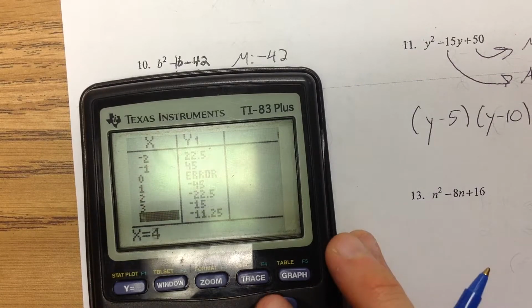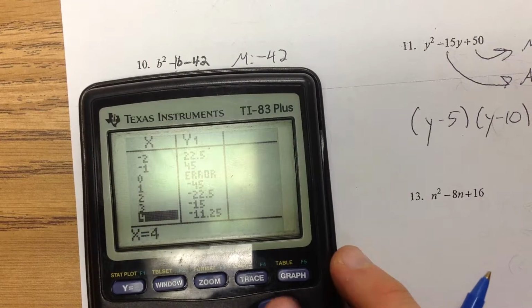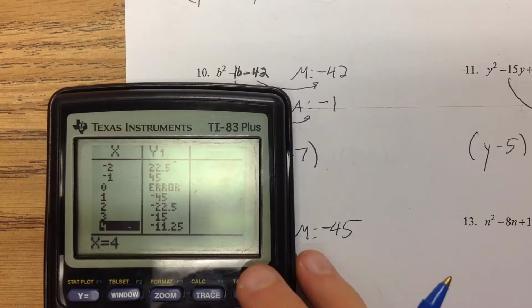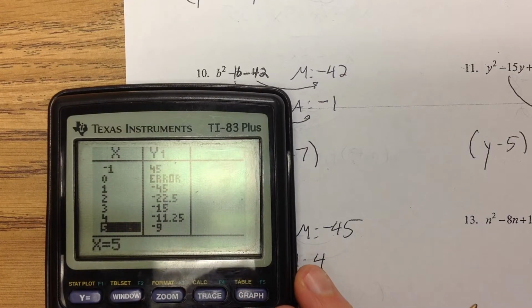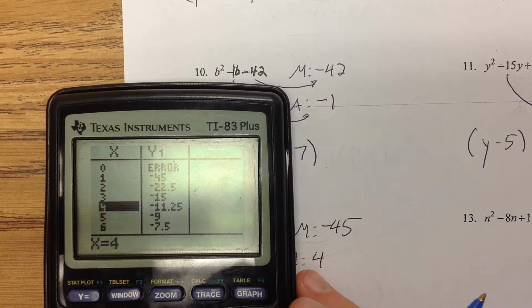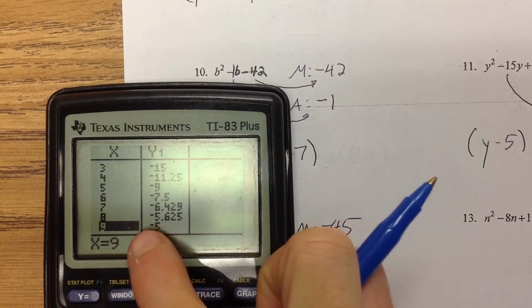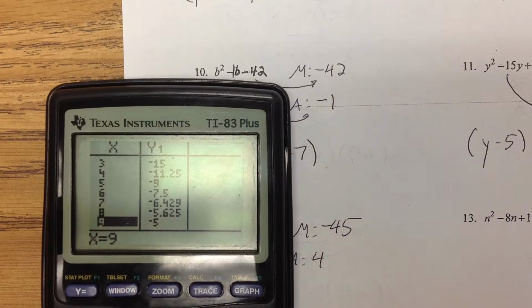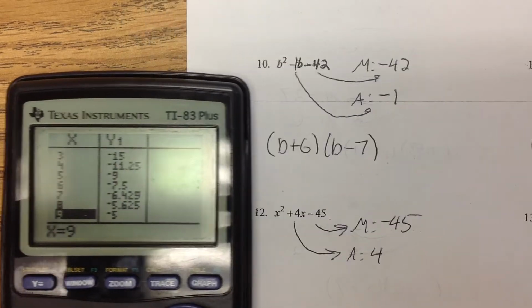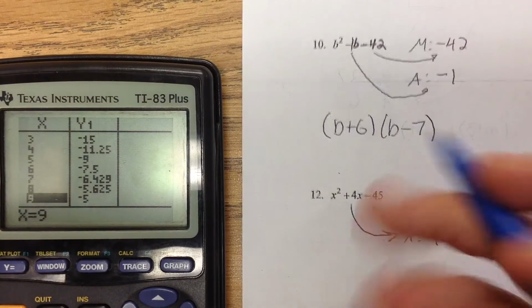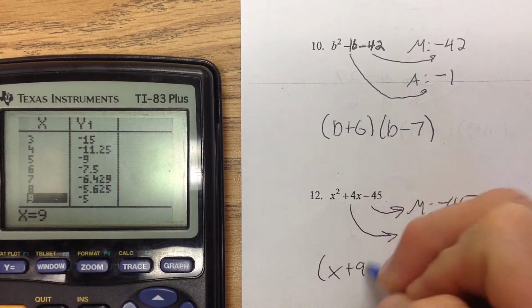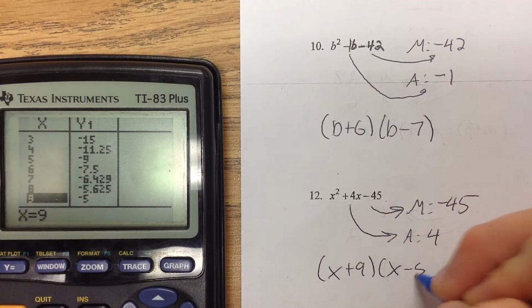Scroll down here. 1 minus 45, nope. 3 minus 15, nope. 5 minus 9 is going to give us negative 4, but we're looking for positive 4, so that's not going to work. 9 minus 5, yep. 9 minus 5, or 9 plus negative 5, you can think about it either way, will give us the positive 4 that we're looking for. So this is x plus 9 and x minus 5.